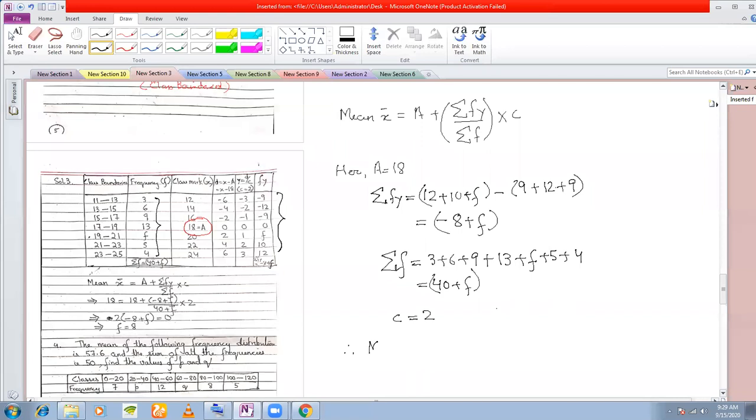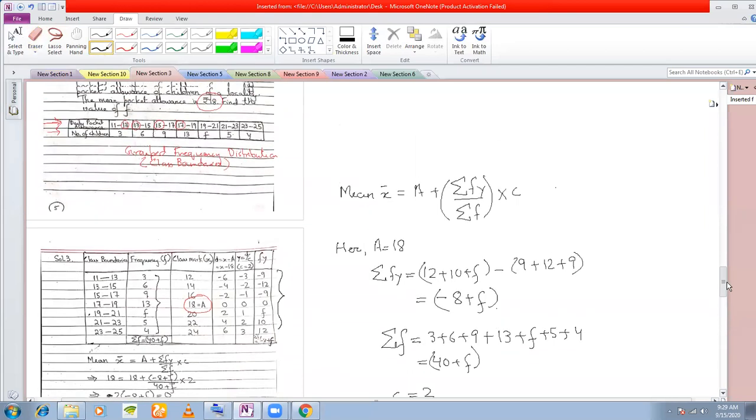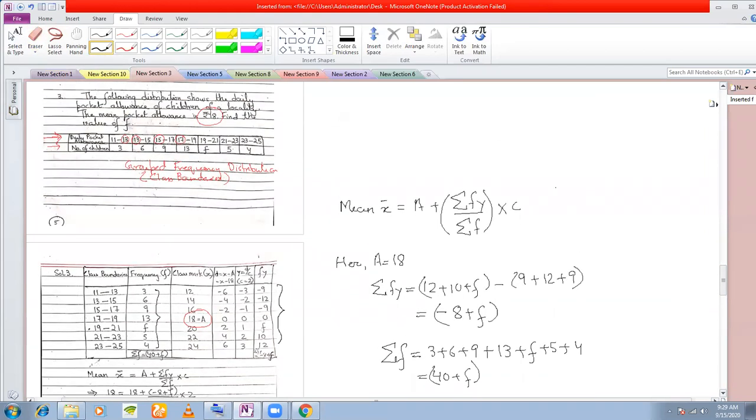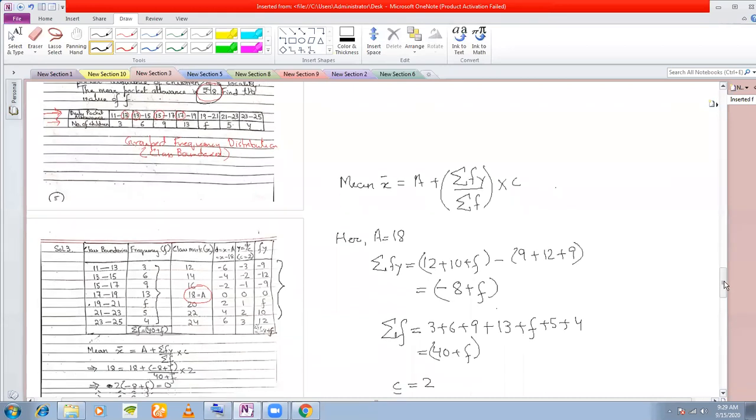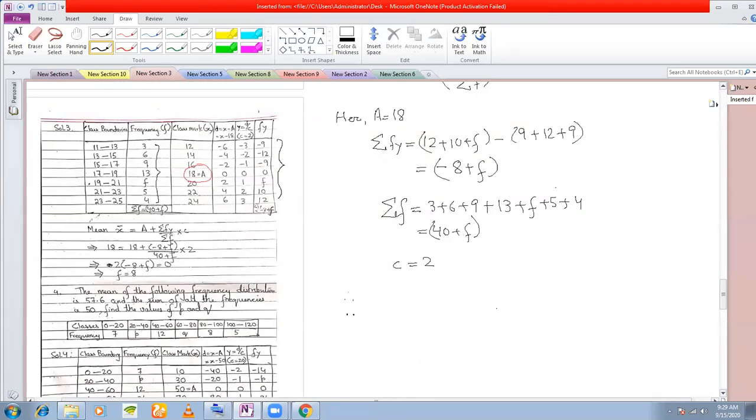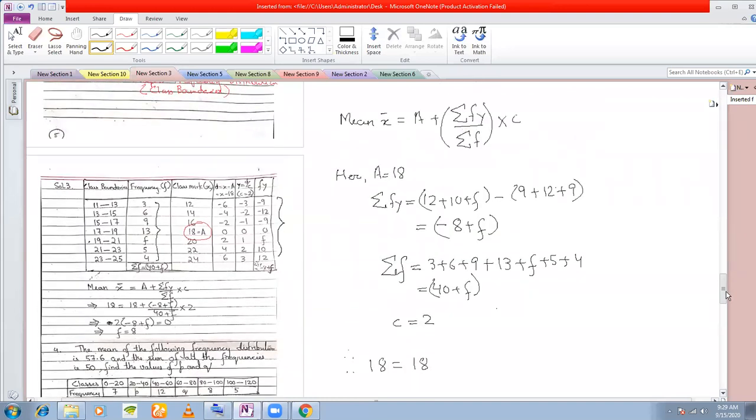Therefore mean. What is the mean given here? You have to calculate the missing frequency. The mean pocket allowance is given to be rupees 18. So here x bar is 18. So therefore 18 is equal to 18, which is my A. So mean here is 18, and A here is 18, I have put.